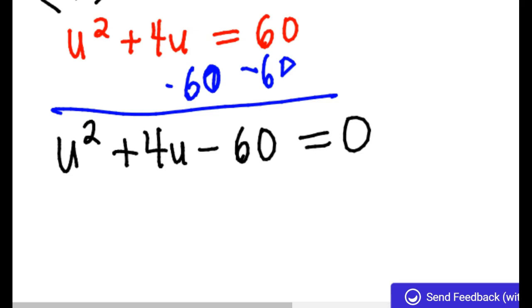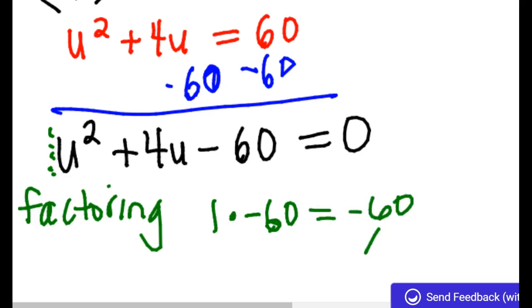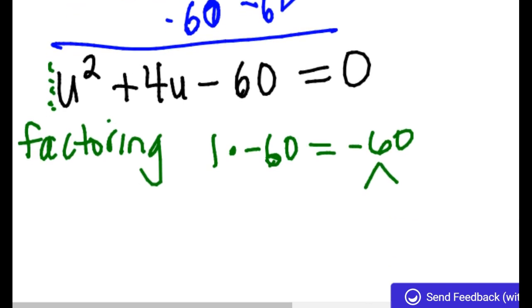Just to review factoring, we take our leading coefficient, which is an invisible 1, and multiply it by the constant, negative 60. 1 times negative 60 is negative 60, and now we want to list the factors of negative 60 and see if any of them give us our middle coefficient of positive 4.